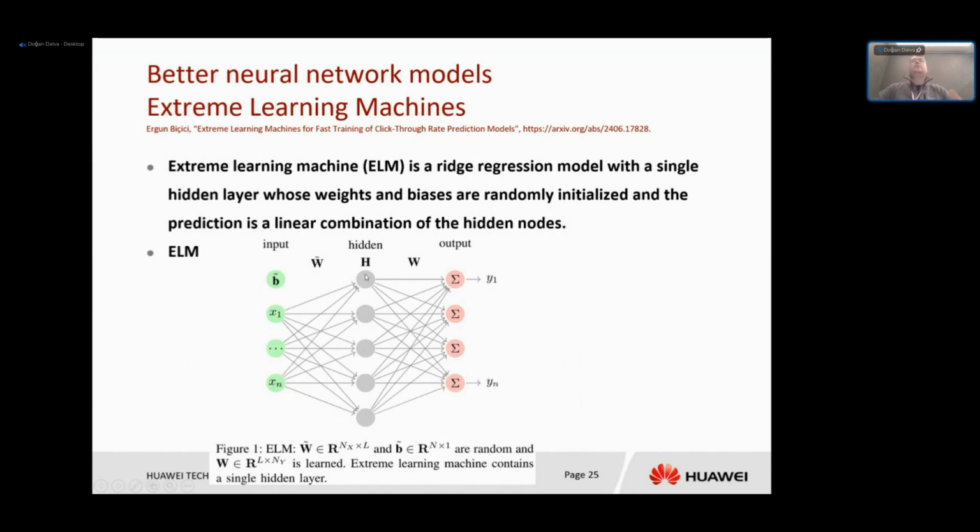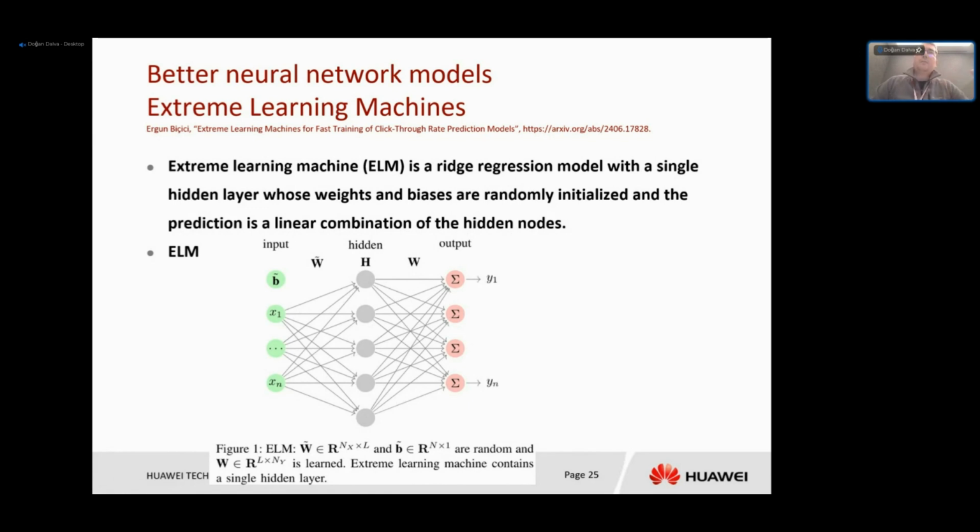H is obtained with just a matrix multiplication operation, and W is obtained from the output with a matrix inversion. So matrix multiplication and matrix inversion give us the extreme learning machine, and there is no back propagation here.